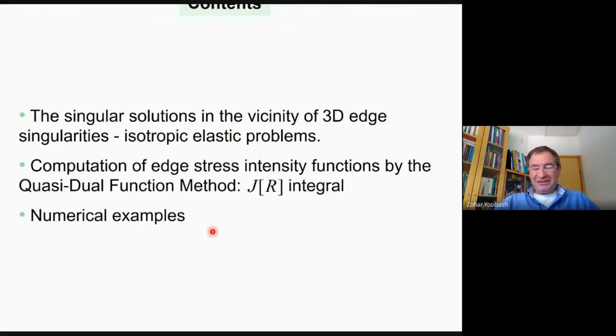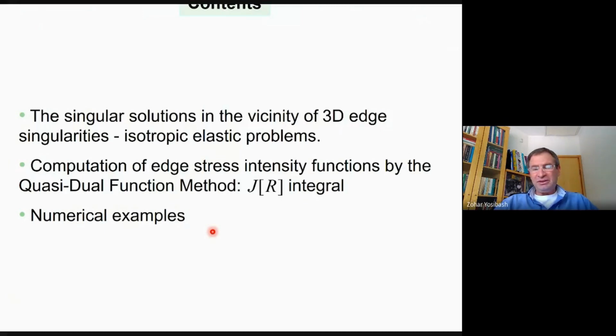After I explained a little on where we are located, I will tell you the content of this talk. We will be discussing the singular solution, and we will be looking at 3D edge singularities. Although these methods are applicable for non-isotropic problems, I will stick to the isotropic problems because these are difficult enough to explain.